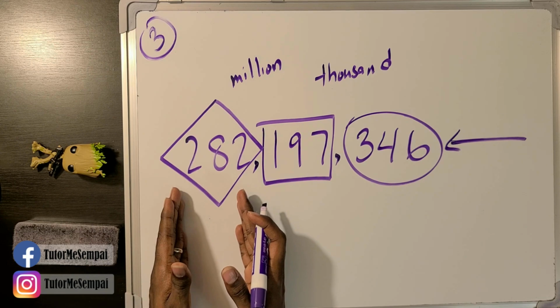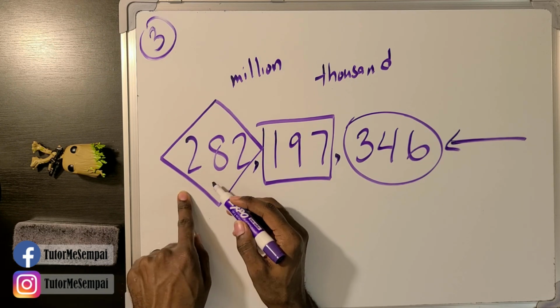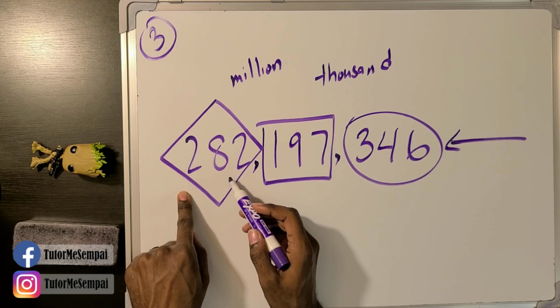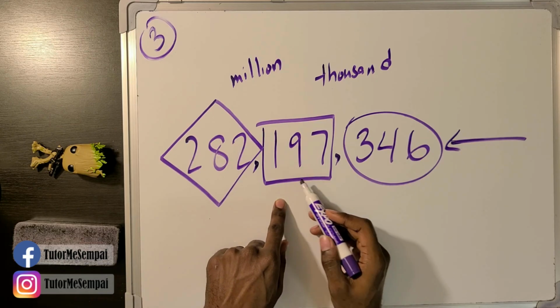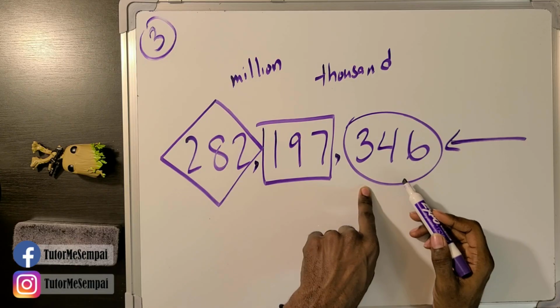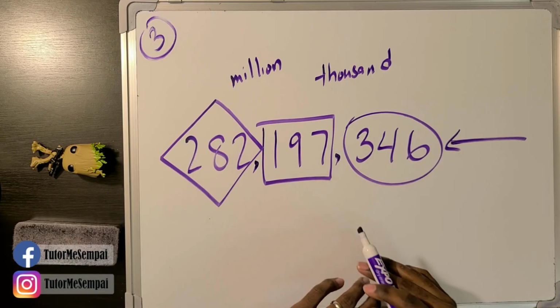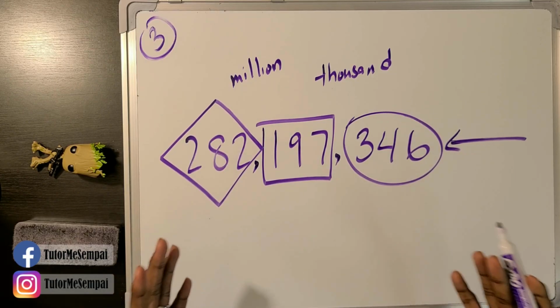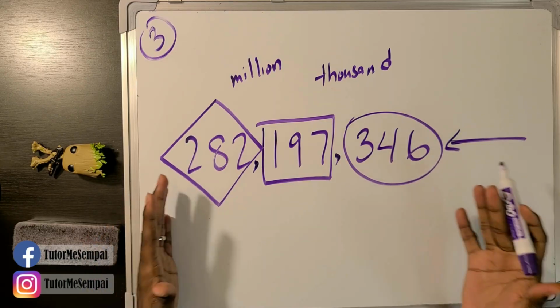So, can you read what's in this shape? This says 282. How about this shape? 197. How about this shape? 346. Now we're going to put everything together and see if we can read our big number here.